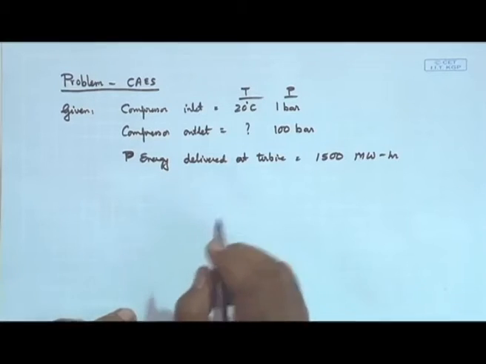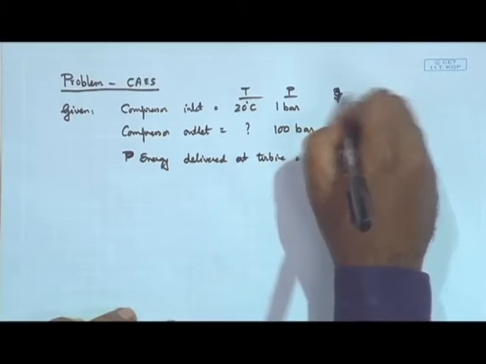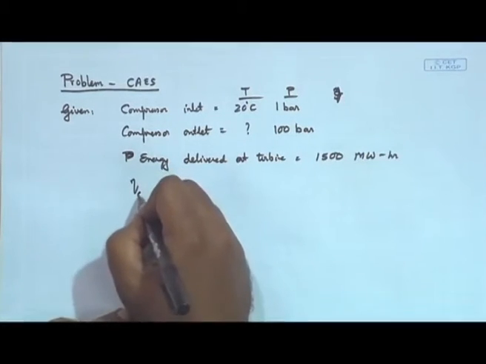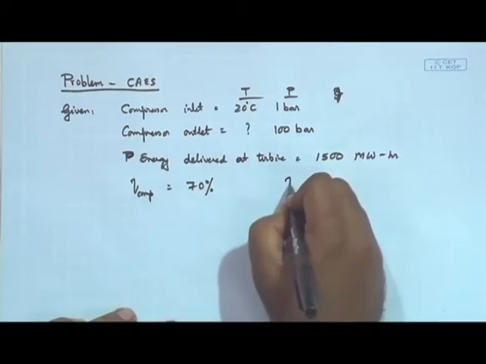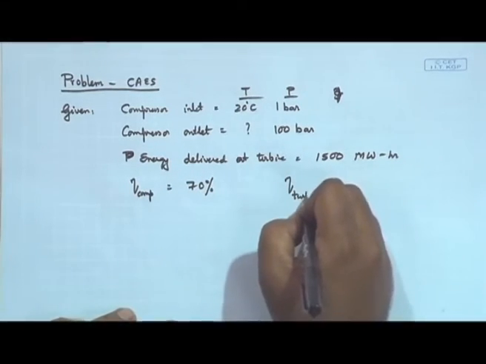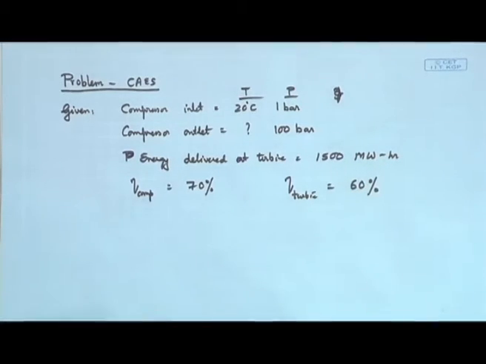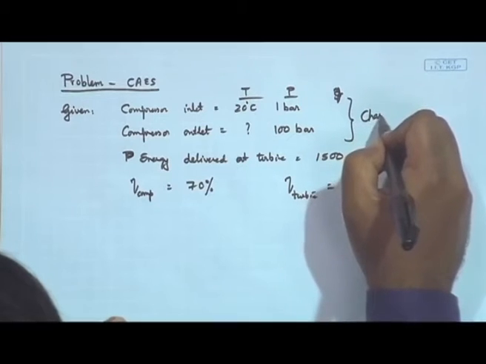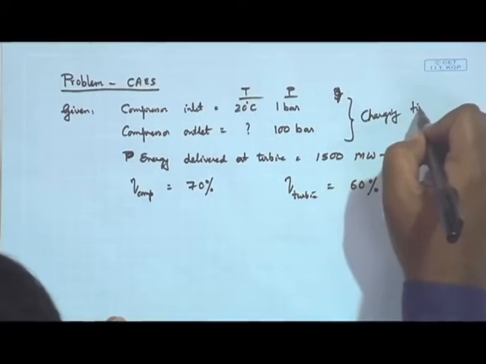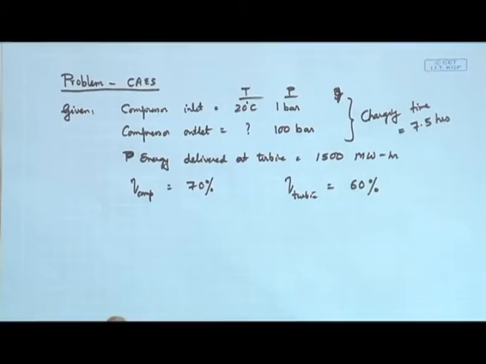And then there are a few other things that are given, like the compressor efficiency, which is 70%, and the peaking turbine efficiency, which is 60%, and a few other properties are given. It is also given that the charging time, which is the time when the storage happens, is 7.5 hours.